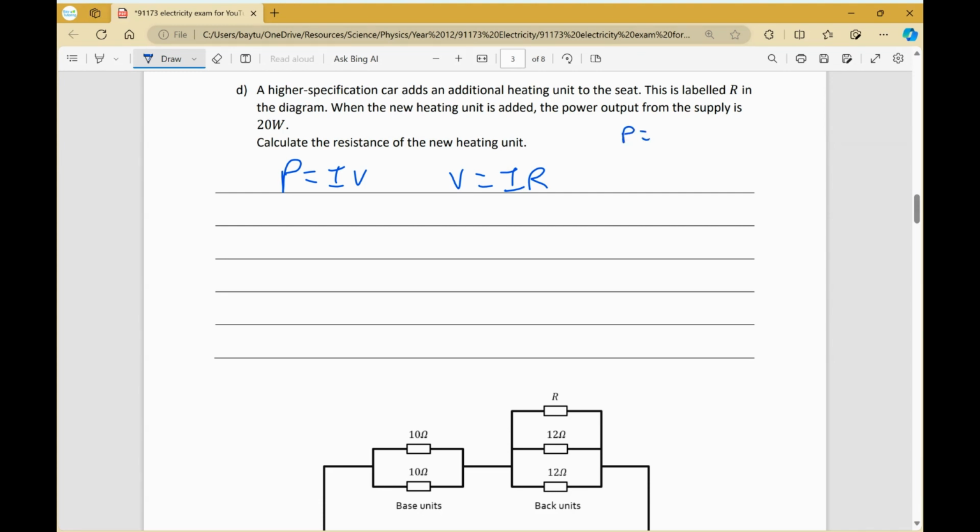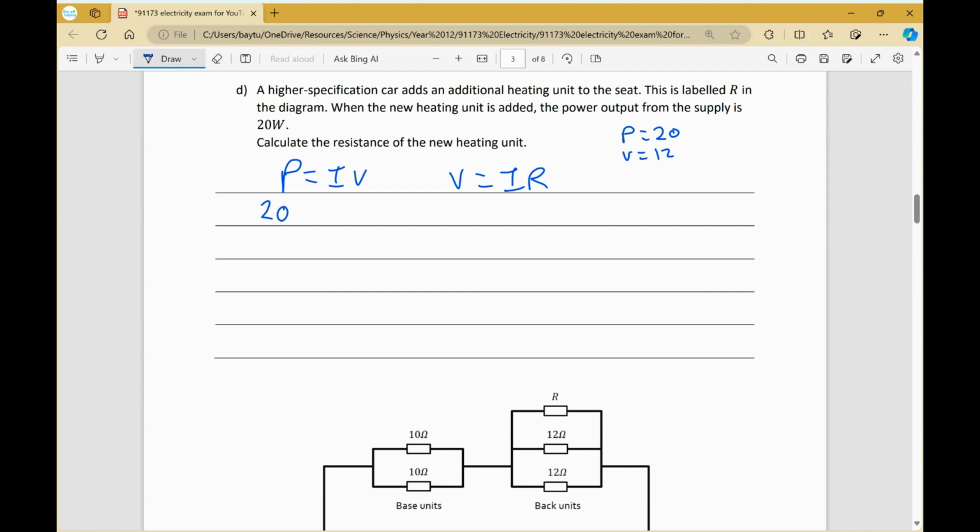The power is 20 watts and the voltage is 12 volts. So looking at P equals IV, we can work out I, the current. And then if we work that out, we will be able to work out R, because we already know V, we'll know I, we can work out the total resistance in the circuit. So that seems like a good place to start.